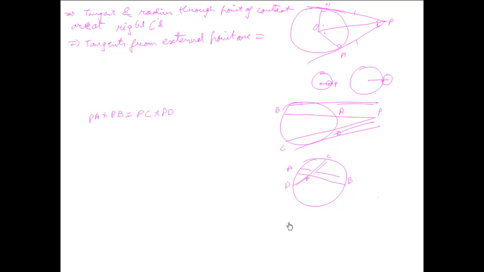Then, children, if it's a tangent and an external point chord from this point P, this is PAB, this is PT. The condition is PT squared is equal to PA into PB, and that comes by similarity.